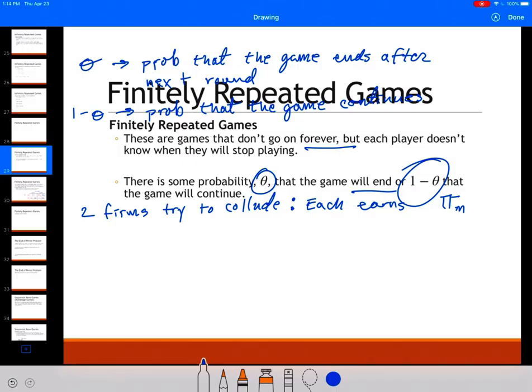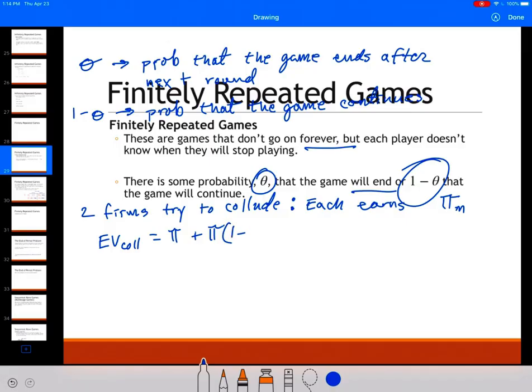Okay, so if we think about that, for each firm, what's the expected value of colluding? And we'll just do COLL again like we did last time for colluding, okay? Well, it's going to be the profit you make when you collude the first time. You play the game once. But you don't know if the game's going to continue, okay? So it's going to be the profits you'll earn next time, but you have to multiply that by the probability that the game continues.